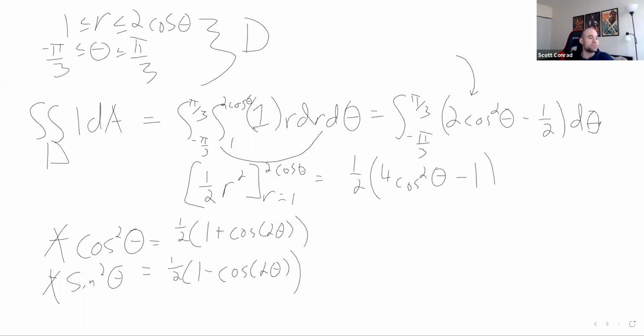So let's rewrite this using that, and then we'll be able to integrate directly. So 2 times cos squared theta is going to be 2 times 1/2 times 1 plus cos 2 theta, which is just 1 plus cos 2 theta.